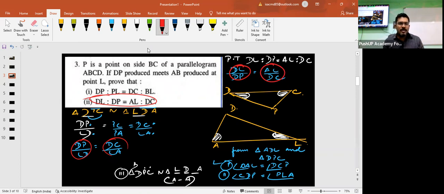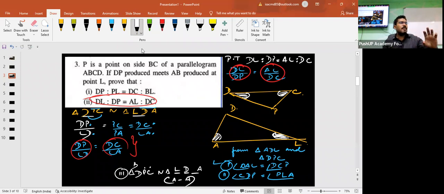So very simple, children. On this, just apply invertendo, isn't it? If you apply invertendo, what will you get? DL upon DP is equal to AL upon DC. Can we take the reciprocal of both the sides?